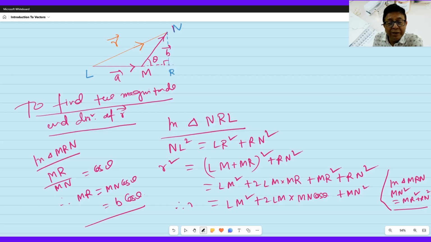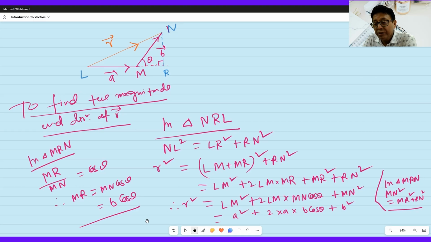So R square, now we have got in terms of all the sides. LM is A, so A square plus 2 into A into MN, MN is how much? B, plus B square. Am I clear?